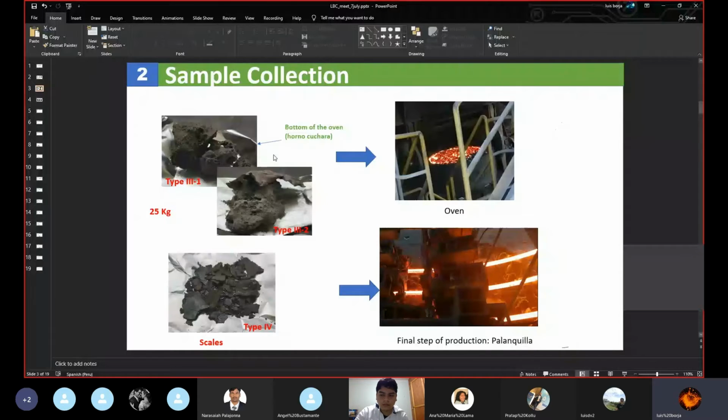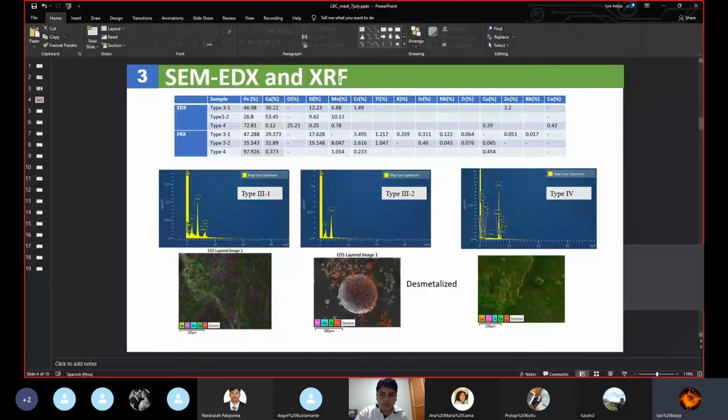You can see the EDX spectra for the three samples, for type 3.1, type 2, and in the case of 3.2.